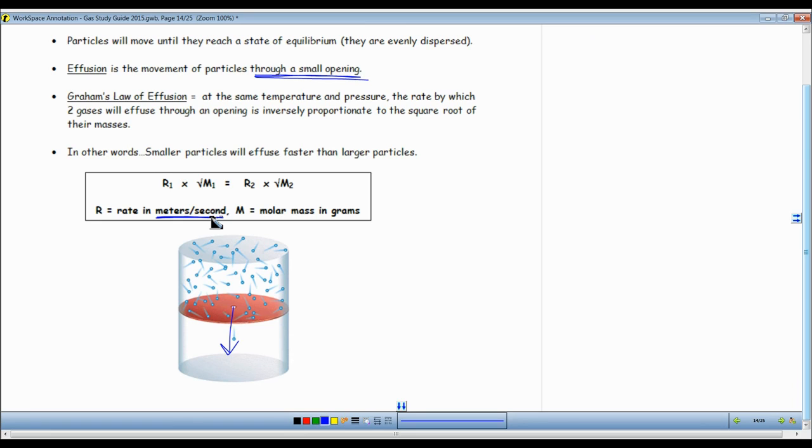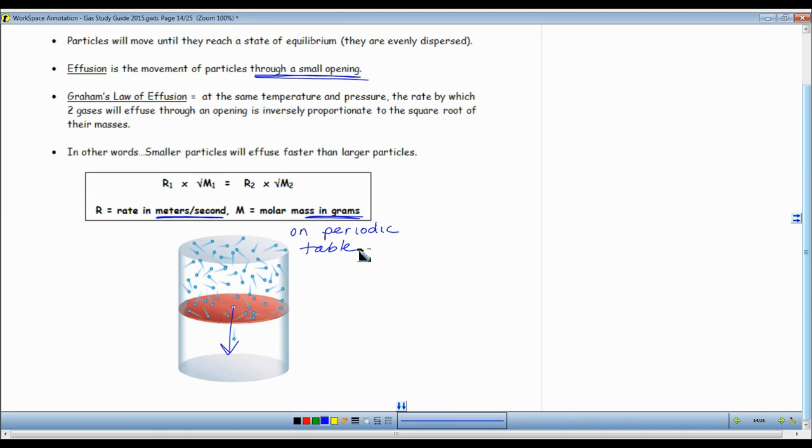Mass, in this case, is going to represent molar mass, what we find on the periodic table. So we measure grams per mole. The rate is inversely proportionate to the mass.